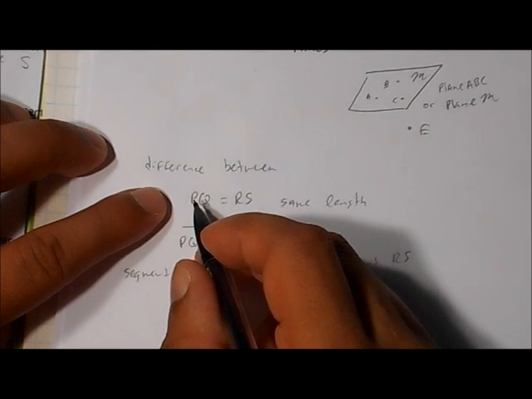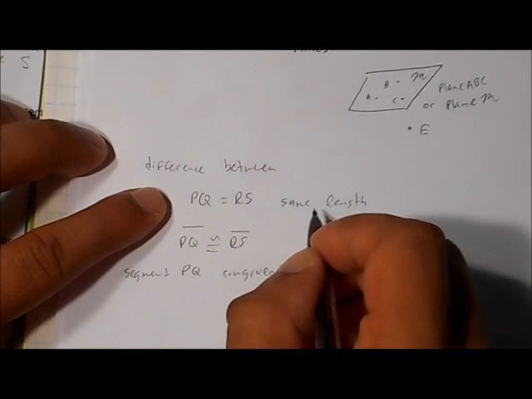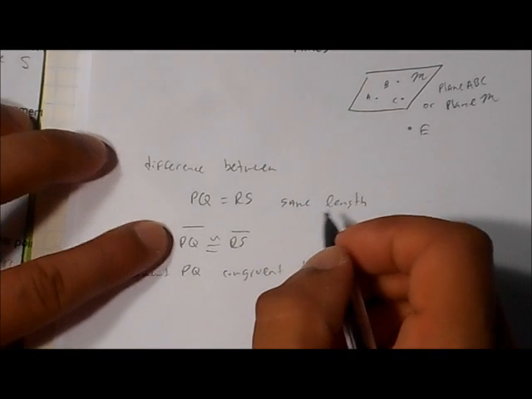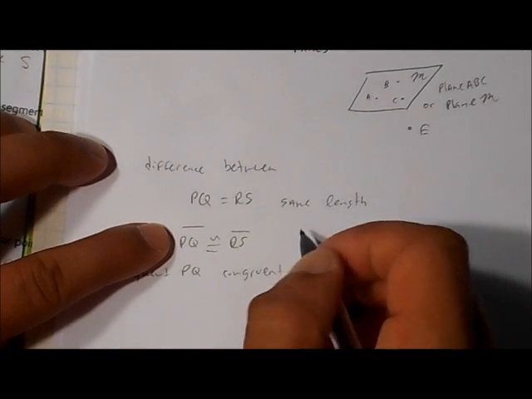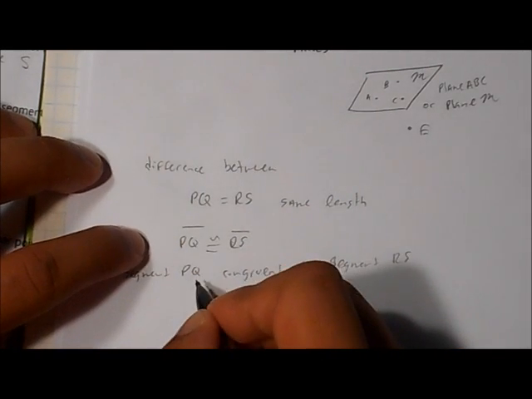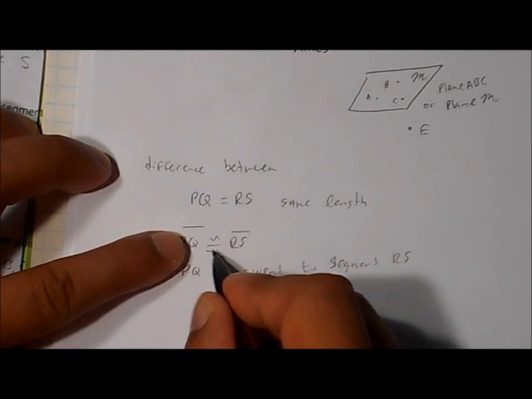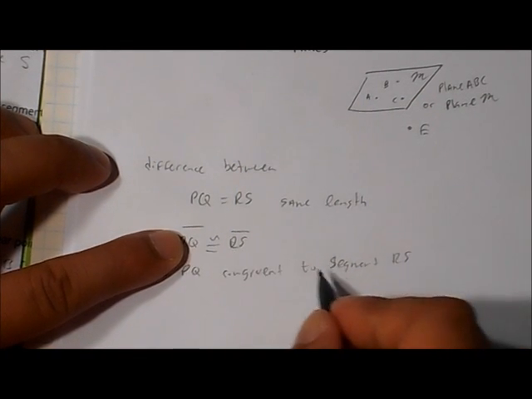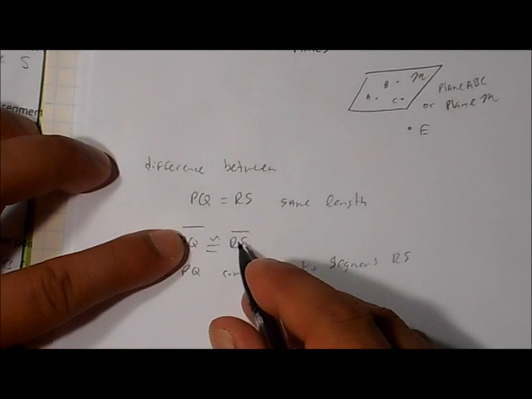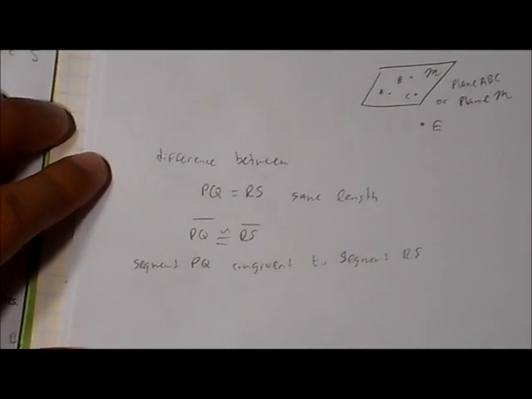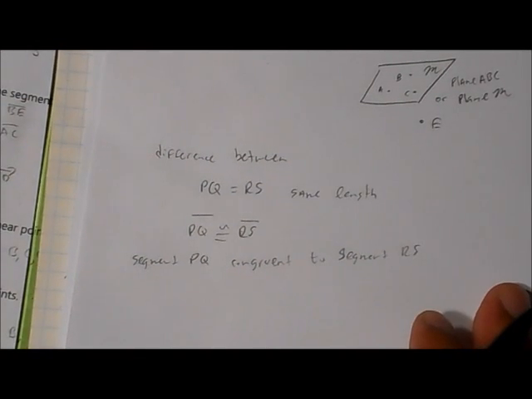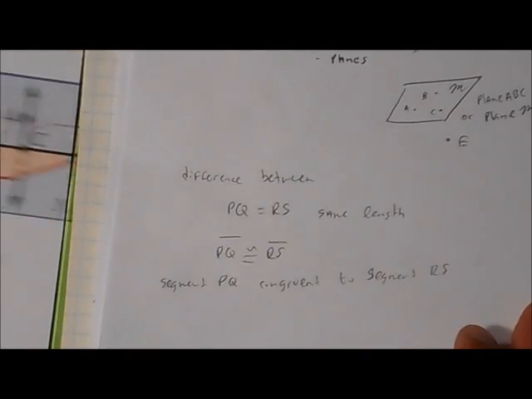We know that the length of PQ is equal to the length of RS. Now let's use our notation here. Segment PQ is congruent, which is the equal sign with the little squiggly sign on top of it, to segment RS. And that will be it for 1-1. So I'll see you in the next video.